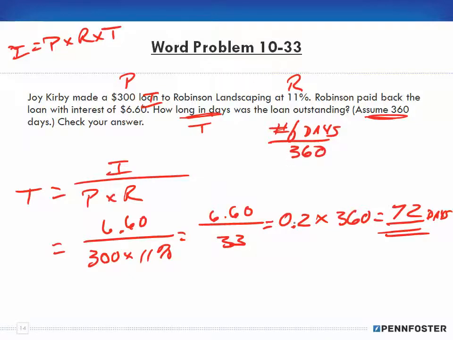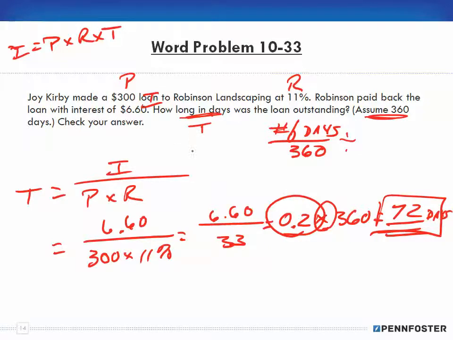Well, here, when we get the 0.2, we have to convert that into the number of days, and notice that this here is dividing. To do that, that's why we end up multiplying by the 360 to come out with the 72 days.